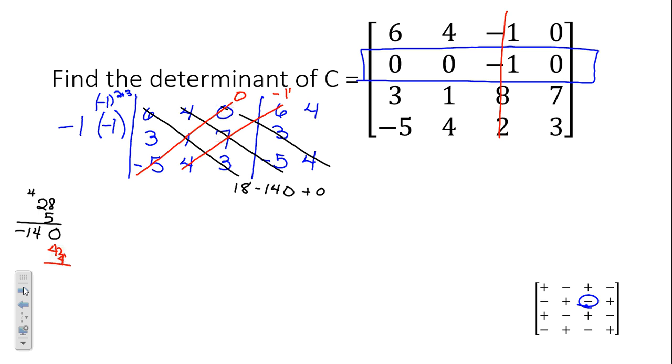So change the sign. And then 9 times 4, change the sign. So we've got 18 minus 140 minus 168 minus 36, which is -326. And then it's being multiplied by a -1, so a +1, so my answer is -326.